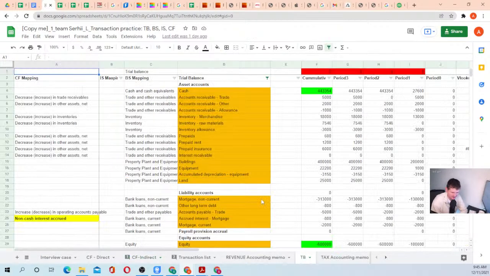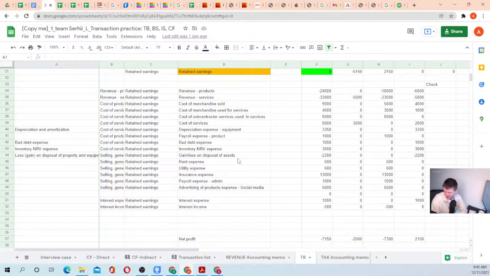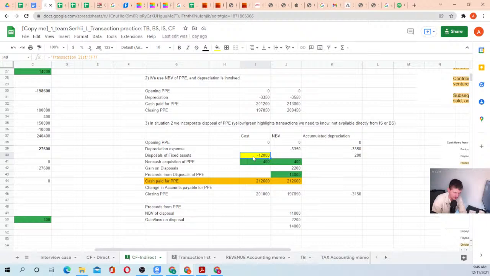In trial balance, you usually have gain or loss on disposal of assets, and you don't have a breakdown by cost of assets and proceeds from assets.